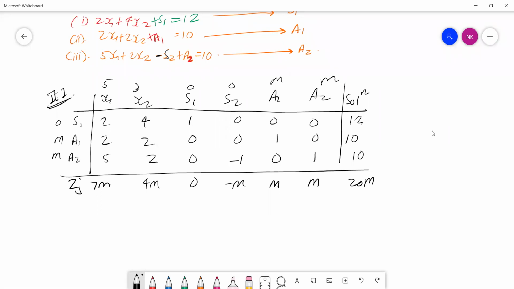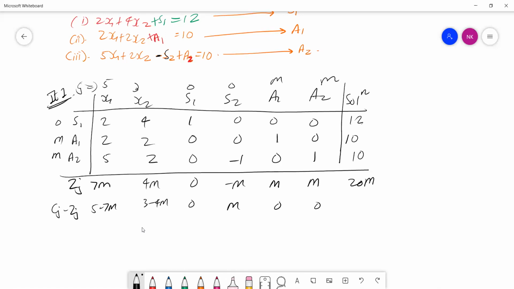Now over here we will be checking whether all the values should be greater or less than 0. So let's see what should be the case. Cj minus Zj, these are all Cj's. So 5 minus 7M, this is 3 minus 4M, 0, M, 0, 0.